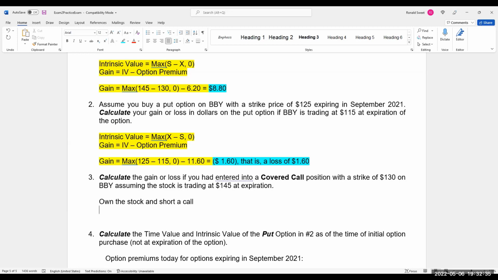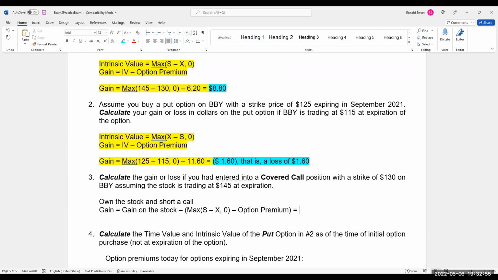So the gain's going to be the gain on the stock minus the max of S minus X comma 0 minus the option premium, all of that in parentheses.